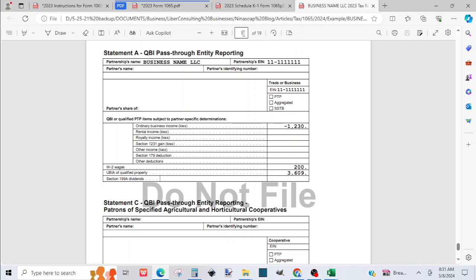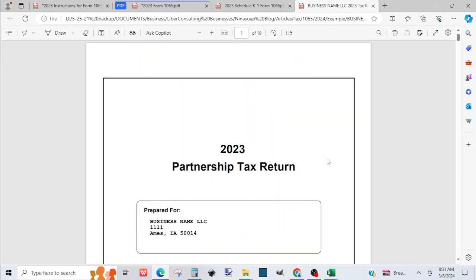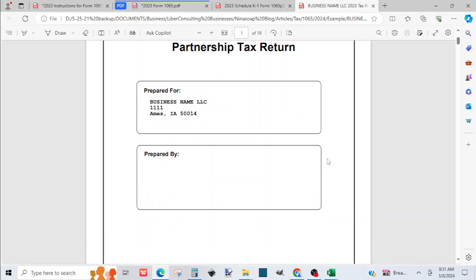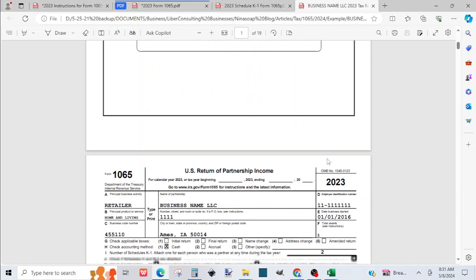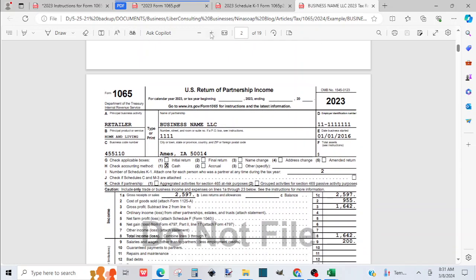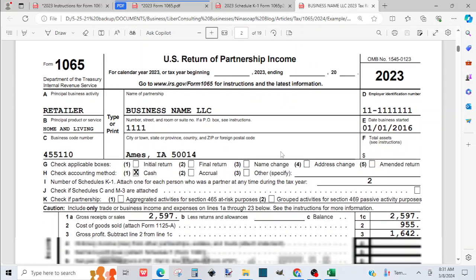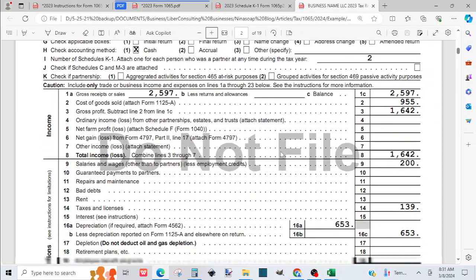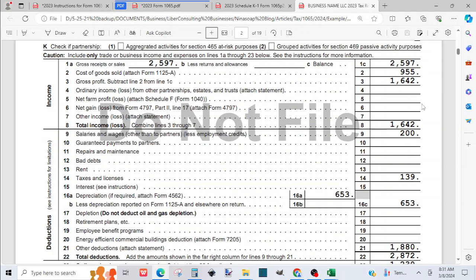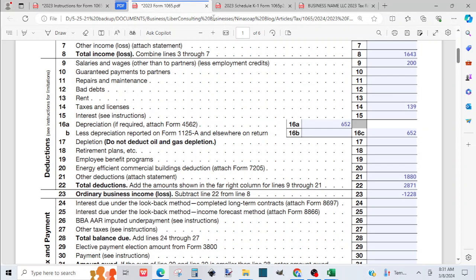Let's see. The cost of goods, the rounding here is a little bit different. So 1643, that we have 1642. Okay.